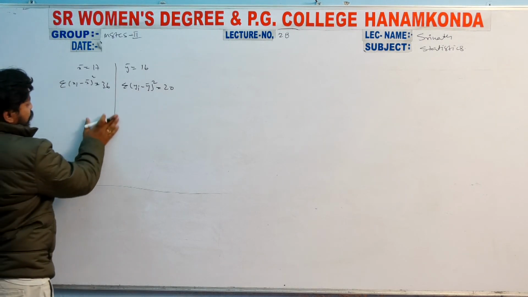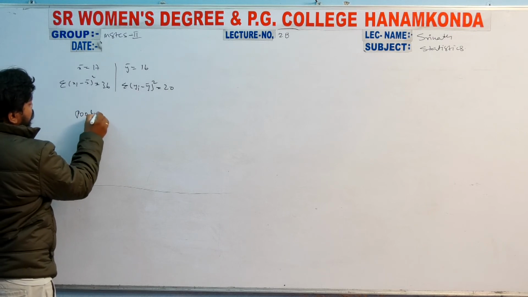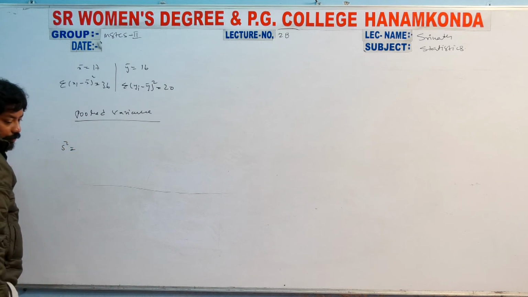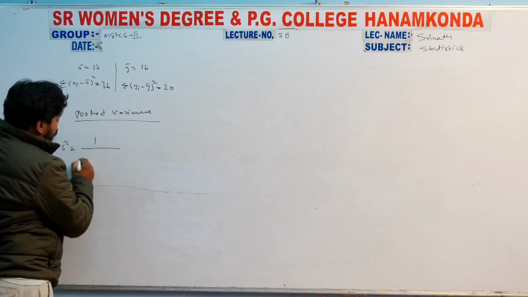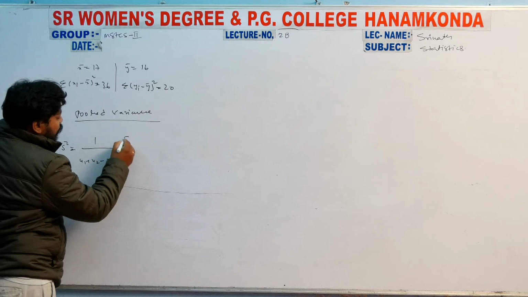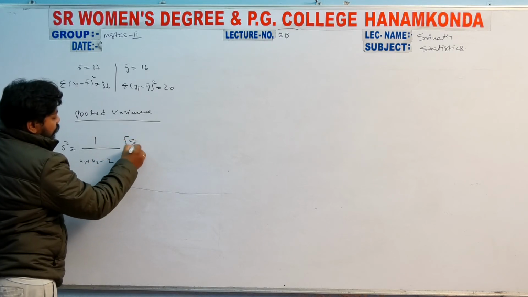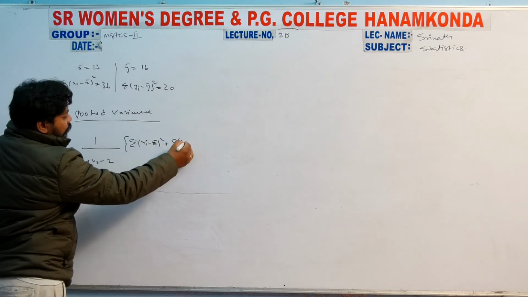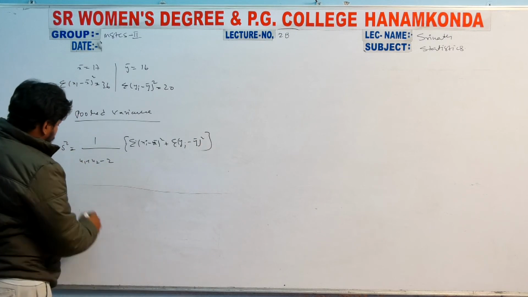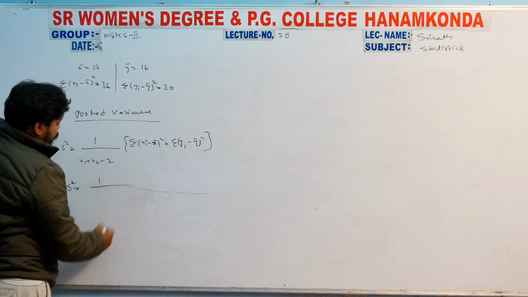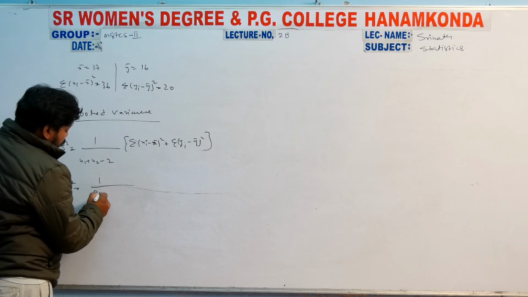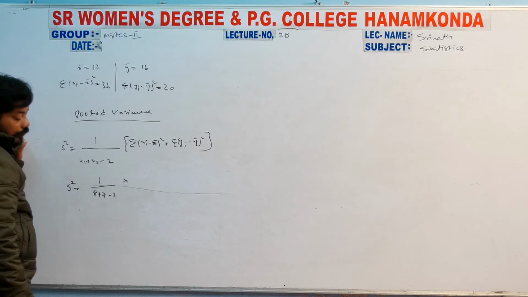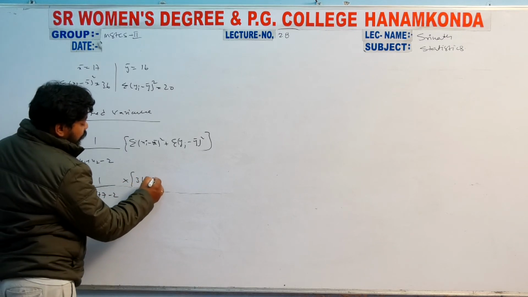Then we want to find out the pooled variance. The pooled variance s square is equal to 1 by n1 plus n2 minus 2 of summation xi minus x bar whole square plus summation yi minus y bar whole square. S square is equal to 1 by 8 plus 7 minus 2 into 36 plus 20.